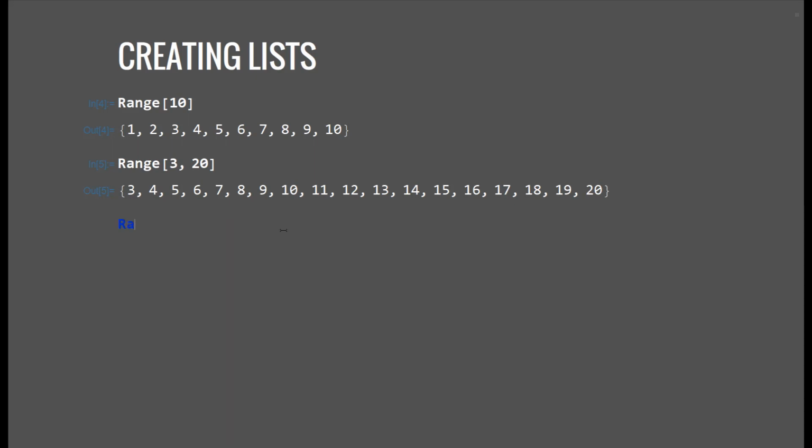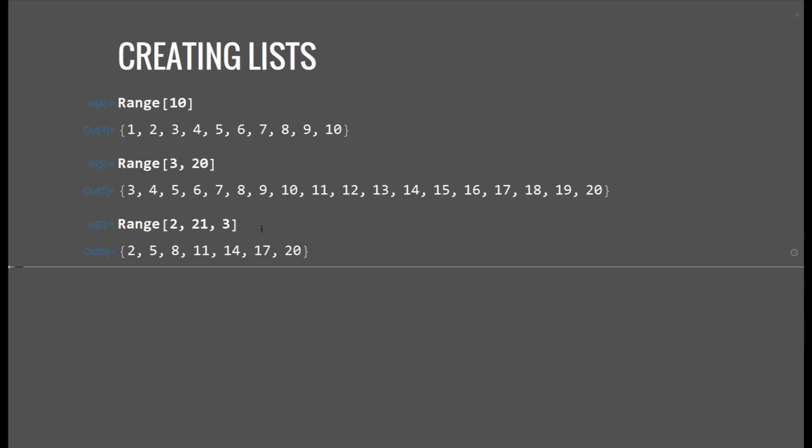You can also say something like Range, and we can start, for example, at 2, go all the way up to 21, and let's take a step of 3. So this is gonna start at 2, and it's gonna add 3 until you get to the upper limit 21. So it's gonna be all the way from 2 to 20, because if you add 3 to 20, it's gonna go over this upper limit.